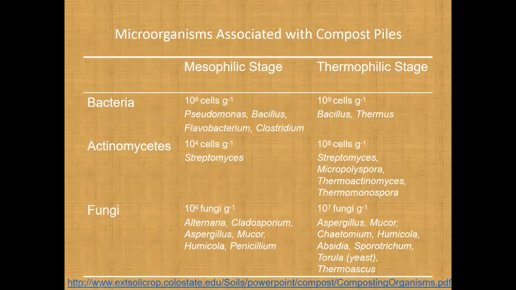Looking at what organisms are most active at these different stages, this is just kind of an interesting piece of information. In the mesophilic stage, you can see we've got bacillus and streptomyces in there. These are just different bacteria species, and then down here we've got different fungi that are more active at the mesophilic stage, and then these are what are going to be more active in the thermophilic stage.